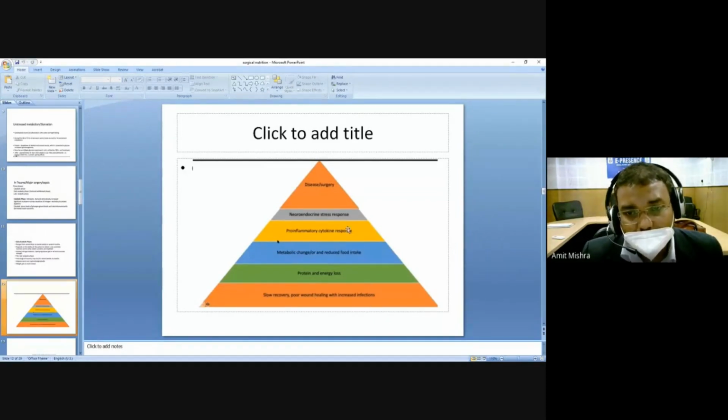Basically, these are pathological phenomena which occur in any major surgical procedure, whether gastro-surgical, cardiac surgical, or orthopedic, or even after some minor procedures.